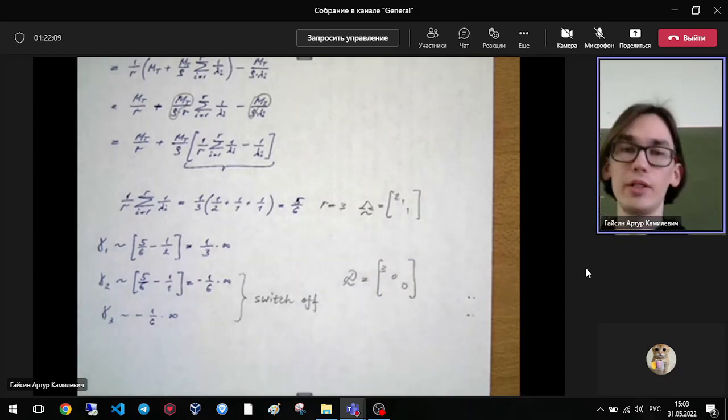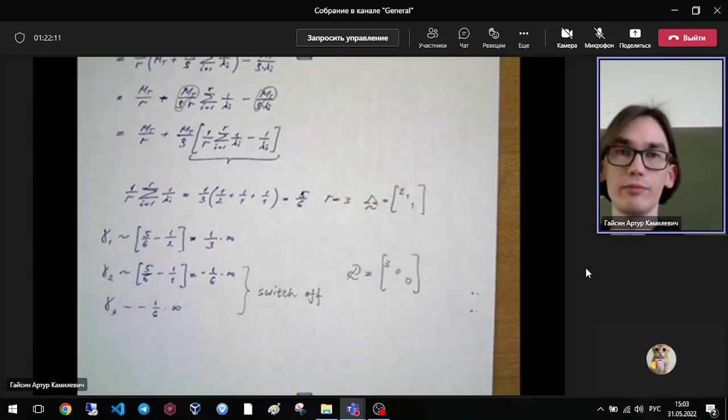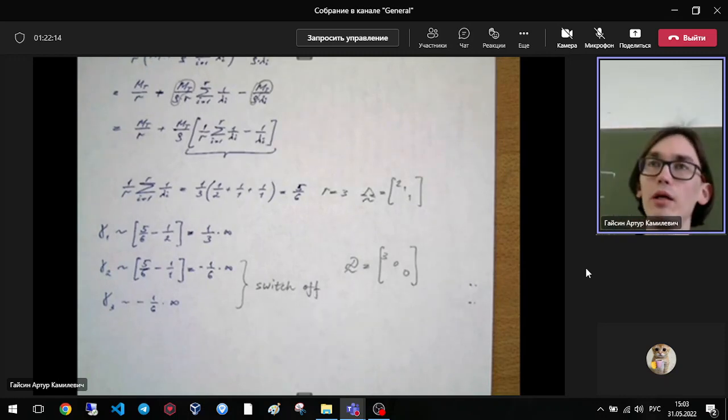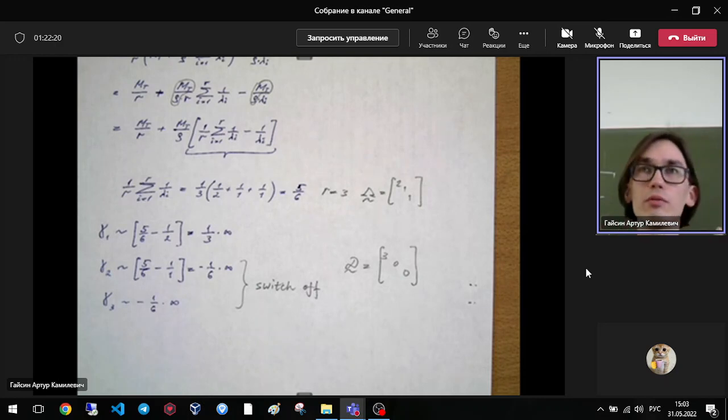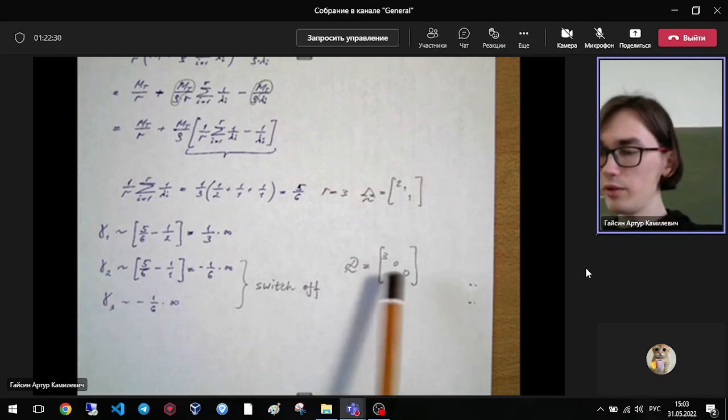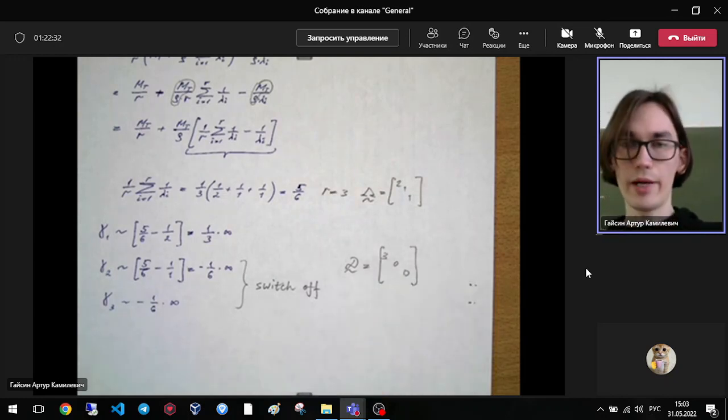If we have a high SNR regime, we use equal distribution to each antenna. And if our signal to noise ratio is very low or goes to minus infinity, we will use only one eigenmode.